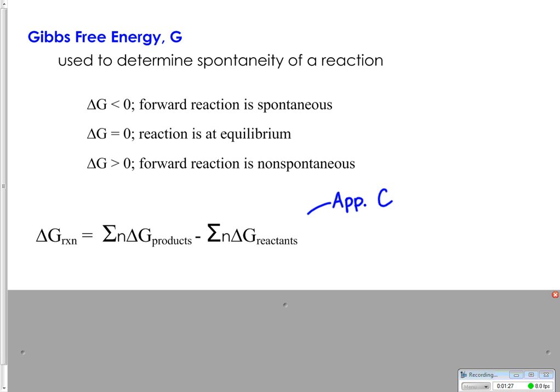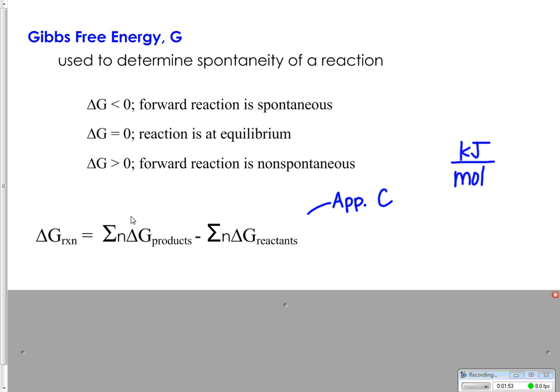Now the units of G are in kilojoules per mole, just like the units of delta H. And just like with delta H, if you remember way back to chapter 5, if you have an element in its standard state, for example, O2 gas, that will have a delta H value of 0, and it also will have a free energy of 0.